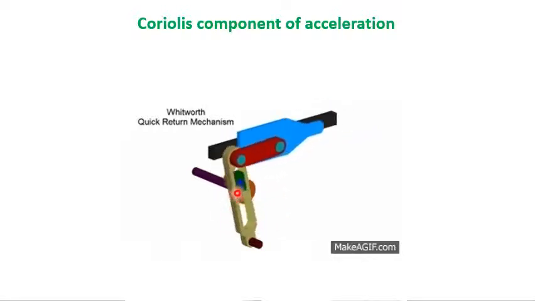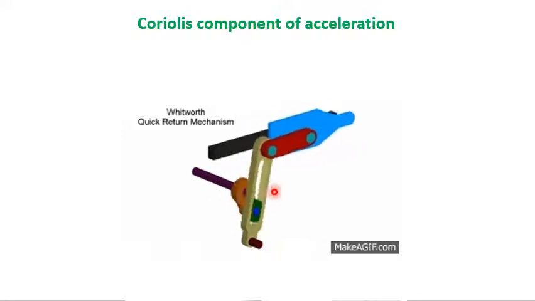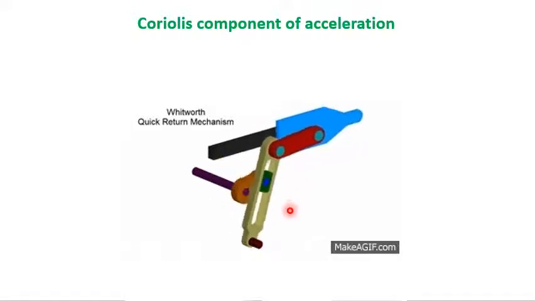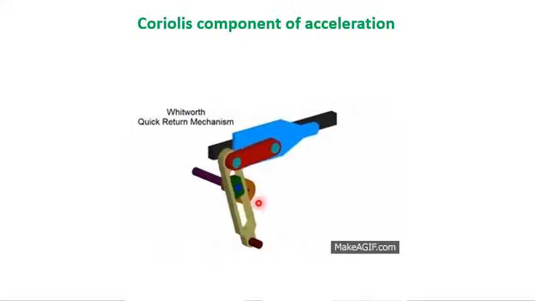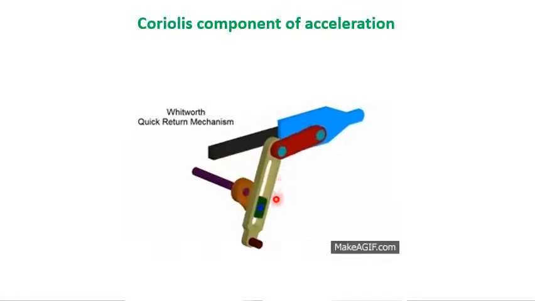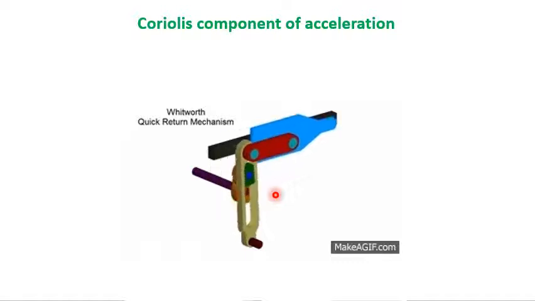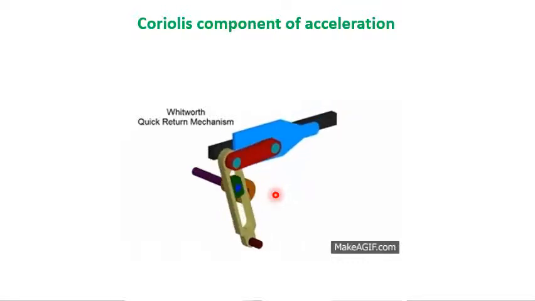In any element which has a combination of both sliding as well as oscillating motion, a special component of acceleration will appear, which is nothing but the Coriolis component of acceleration.